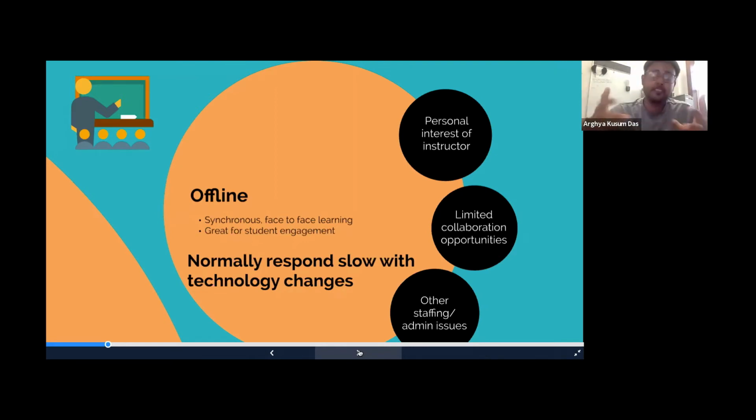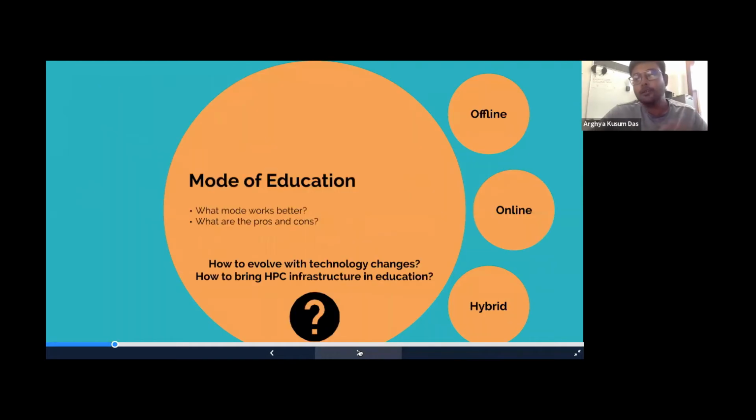If the instructor is not up to the change, then the learning curve will go down. Then there are limited collaboration opportunities. Also, there are staffing and admin issues, like universities cannot invest just like that in computing infrastructure, or they cannot hire many people at the same time. So those are the problems for offline.